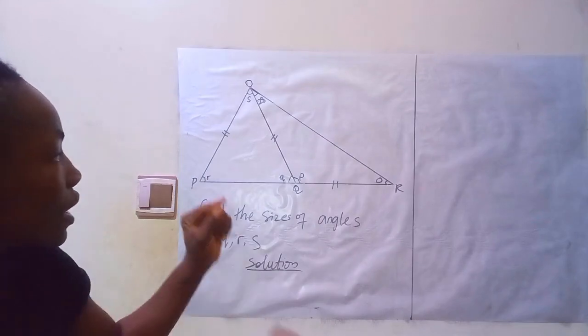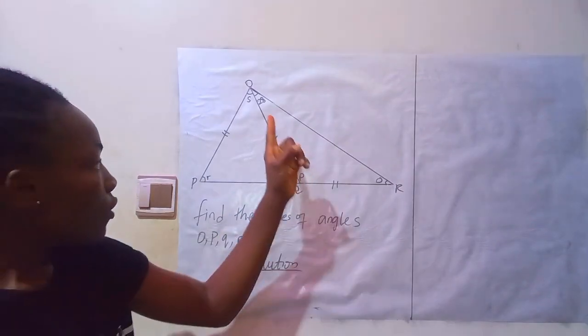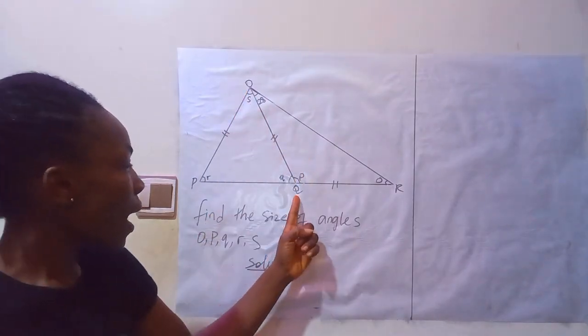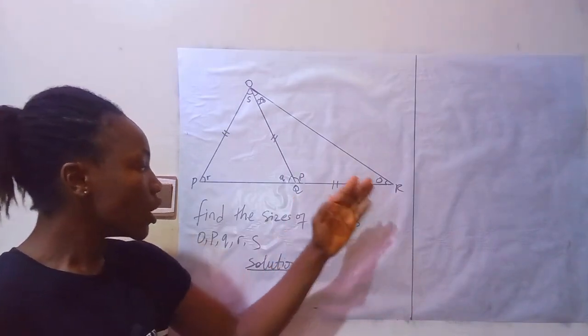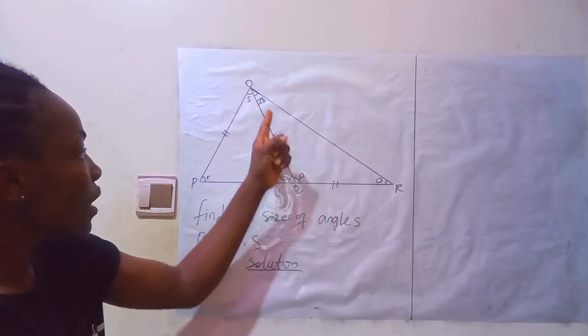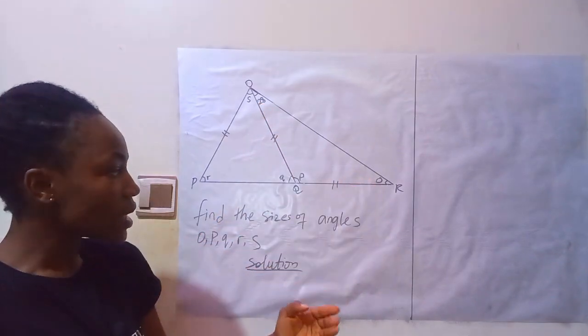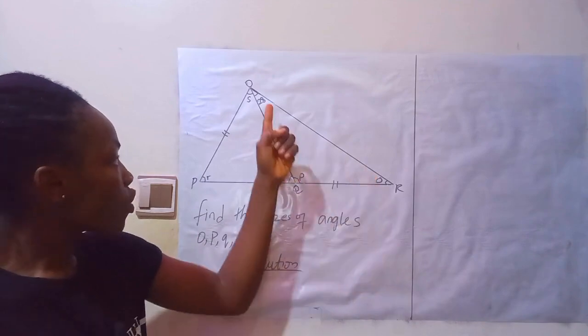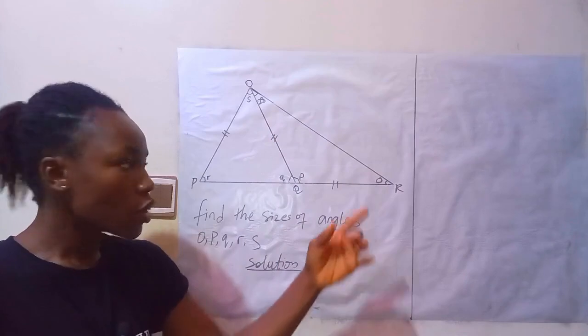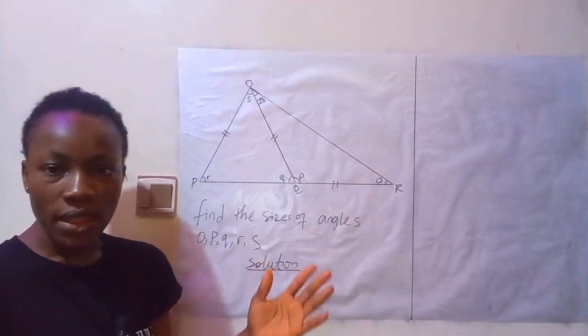Alright. So what it means is that for this OQR, the two base angles here are 28 and O. What it means is that O and 28, they are equal. That means O is equal to 28.